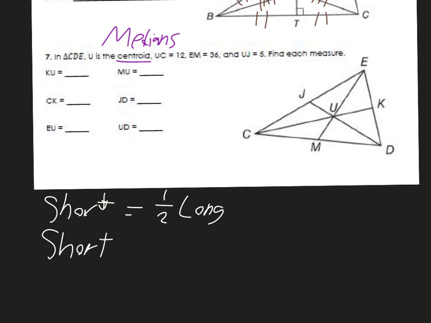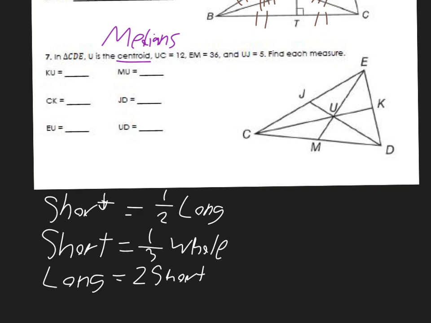The short segment is equal to 1/3 of the whole segment. The long segment is equal to twice the short segment. And the long segment is equal to 2/3 of the whole segment. All right, equation set up.